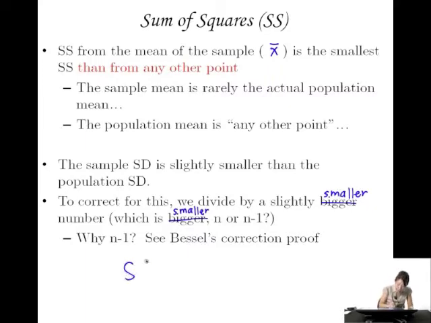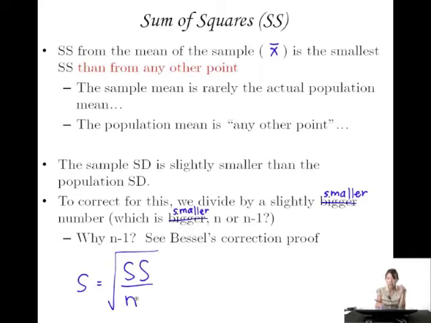Remember, right now, to get S, or standard deviation, we take sum of squares, divide by n. That's what we do right now. Well, this won't help us approximate the actual population. And so here, we're going to need to divide by a slightly smaller number.